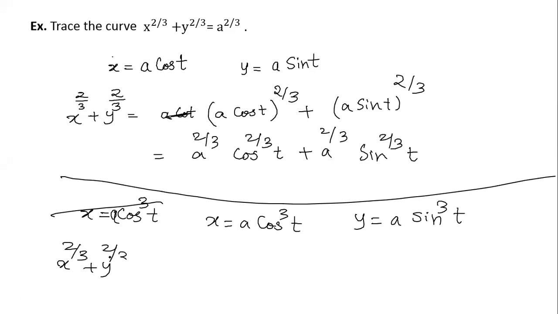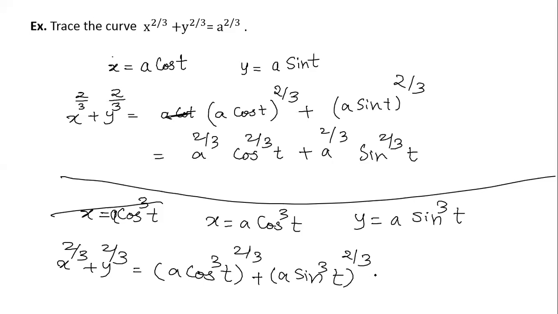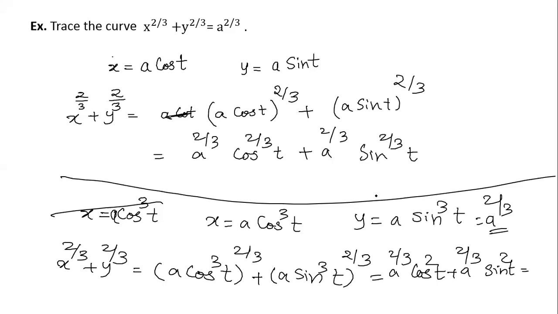X to the power 2 by 3 plus y to the power 2 by 3 will be equal to a cos cube t to the power 2 by 3 plus a sin cube t to the power 2 by 3, and that is a to the power 2 by 3 cos t to the power 3 to the power 2 by 3 means cos square t, plus a to the power 2 by 3 into sin t to the power 3 to the power 2 by 3, that is sin square t, and a to the power 2 by 3, and inside cos square t plus sin square t, that is 1.